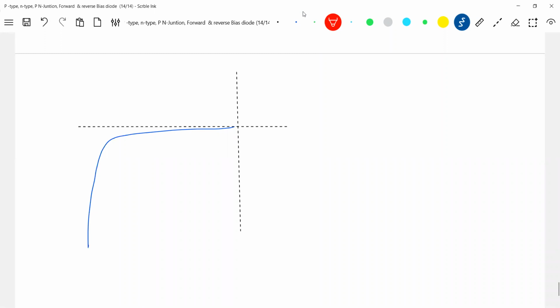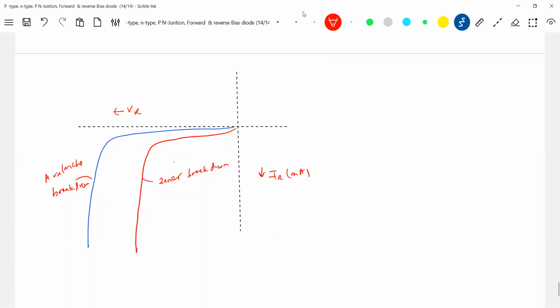This is the Zener breakdown, and this is the avalanche breakdown. For some diodes, they are designed in such a way that both occur simultaneously. Usually Zener breakdown occurs first, then avalanche breakdown, and for some diodes both take place simultaneously. So nothing wrong.